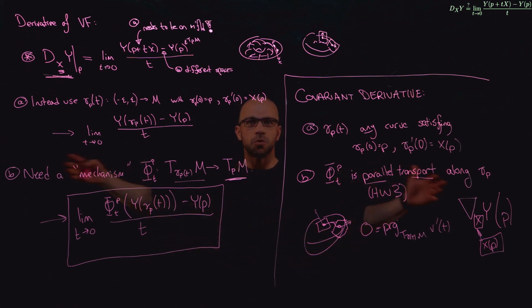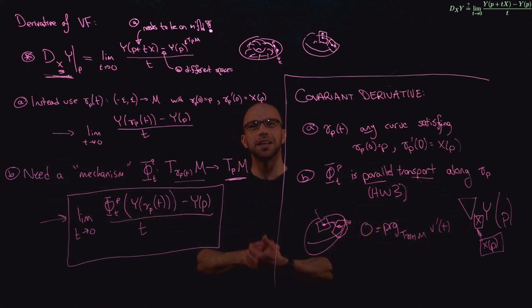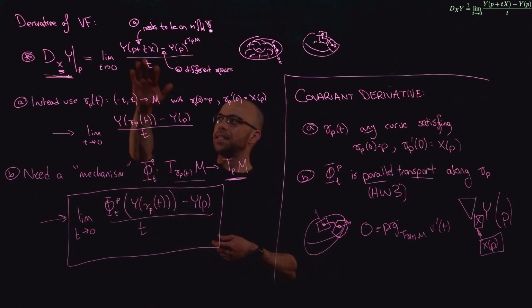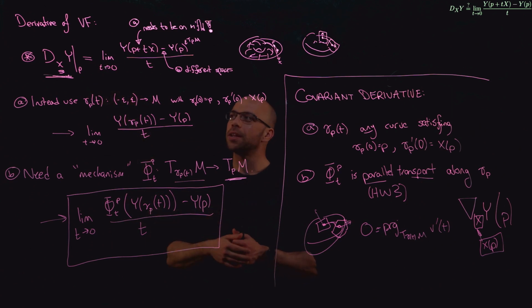Now, this is a sweeping overgeneralization, but I'm just trying to give you some idea of why this basic definition of differentiating in Euclidean space doesn't suggest one way to differentiate vector fields on a manifold.